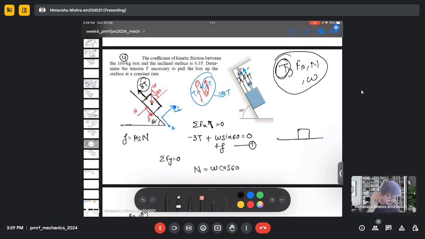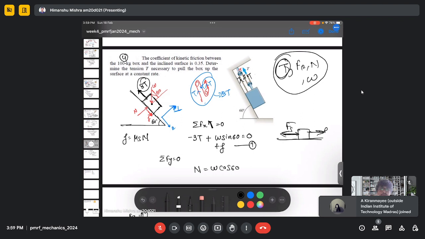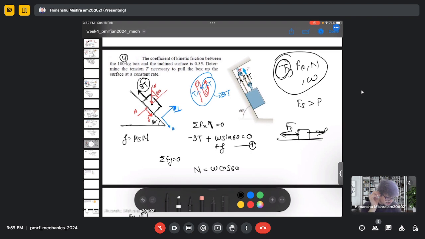But if the block is not moving and we keep applying the external force, which is P, but the block is not moving because there is an opposite friction force acting. Since the opposite friction force is more than the external force P, the block keeps remaining in a stationary position. In that case, you have to use the static coefficient of friction.